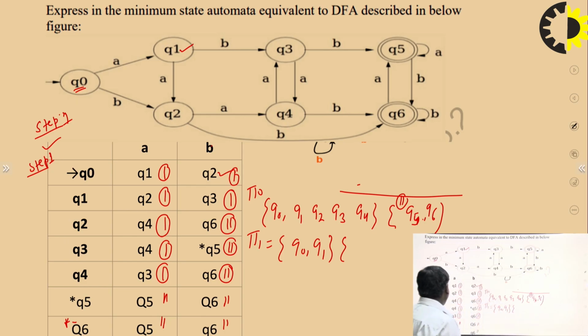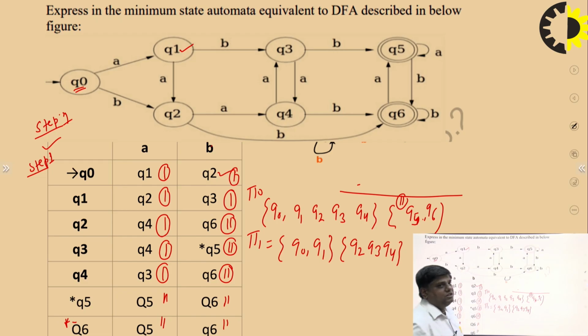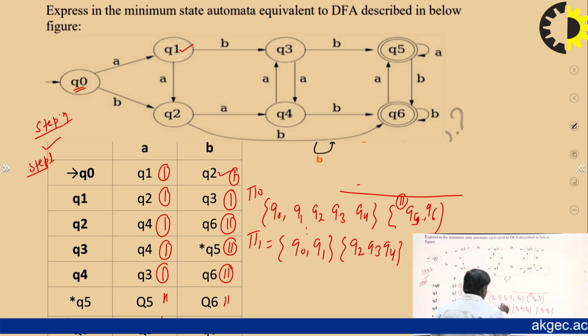Q2, Q3, Q4 have the similar behavior, so lie into the same set, and Q5 and Q6 have a similar behavior, so lie into the same set. Now, how many sets? Set 1, set 2 and now this is set 3.